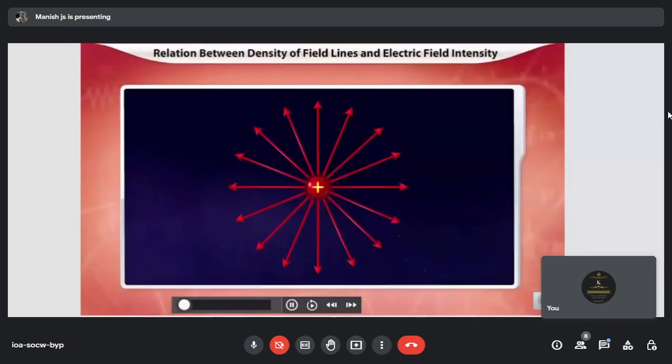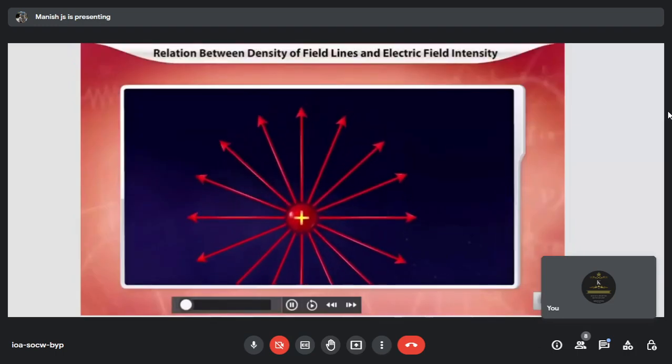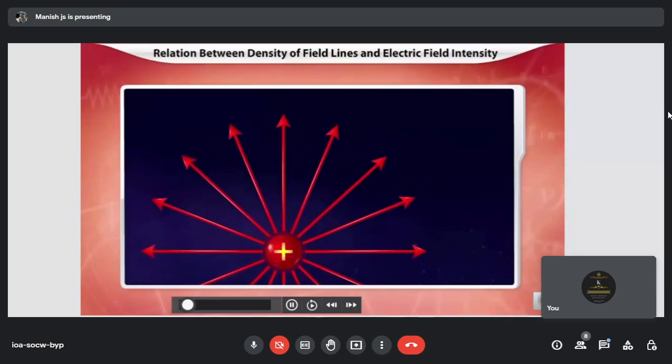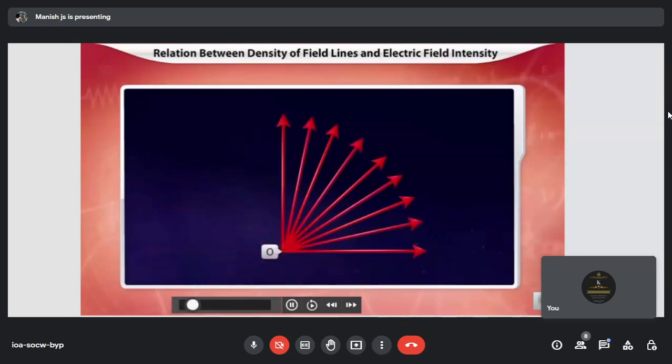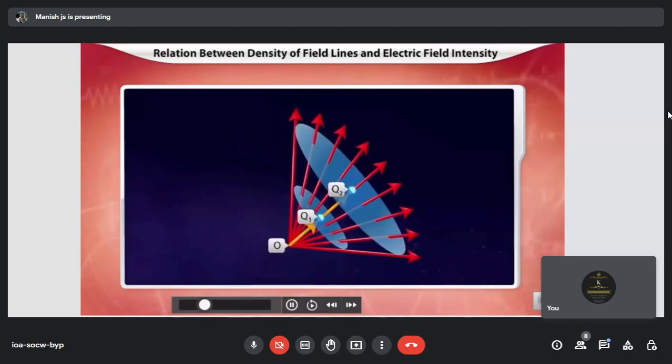Let's now try to represent mathematically the relationship between the density of field lines and the electric field intensity. Consider a positive charge placed at point O. Consider 2 points Q1 and Q2 that are located at distances R1 and R2 respectively from the point O. Let's take the cross-sectional area of the plane that is perpendicular to the field lines at the point Q1.